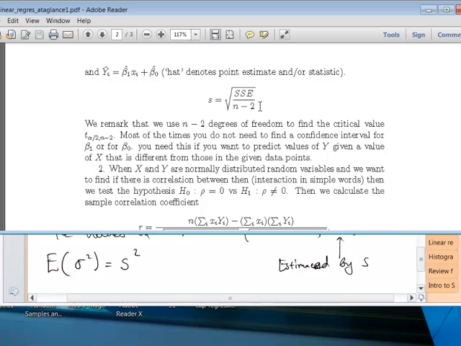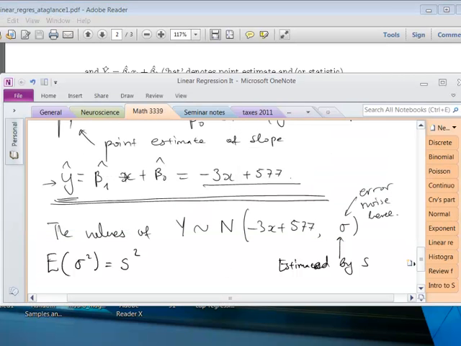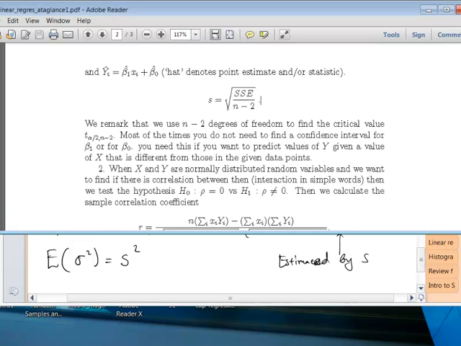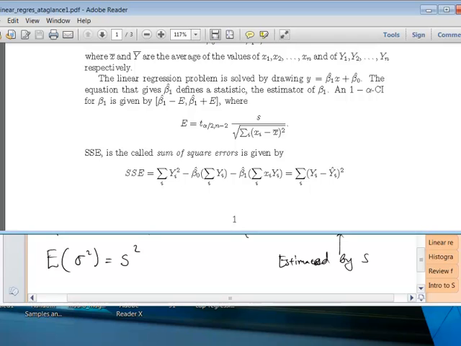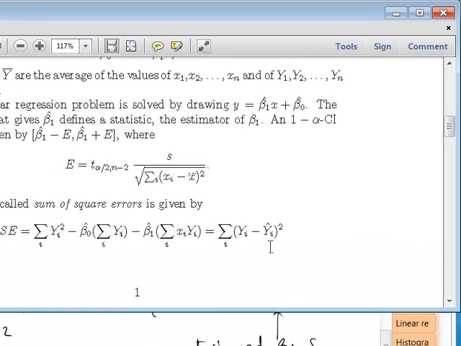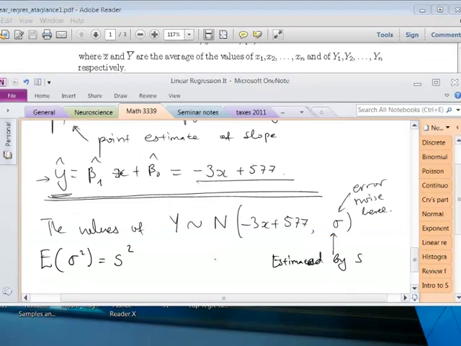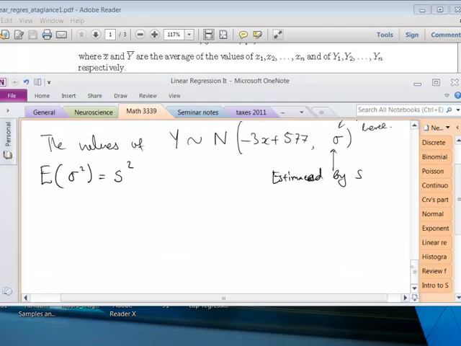What is SSE? SSE is the sum of square errors. We actually mention it here. It's calculated by looking at how far the actual value of the data at the data point, the y coordinate of the ith point of the scatter plot, is from the point estimate, which is the y i hat. To calculate y i hat, you take this formula.